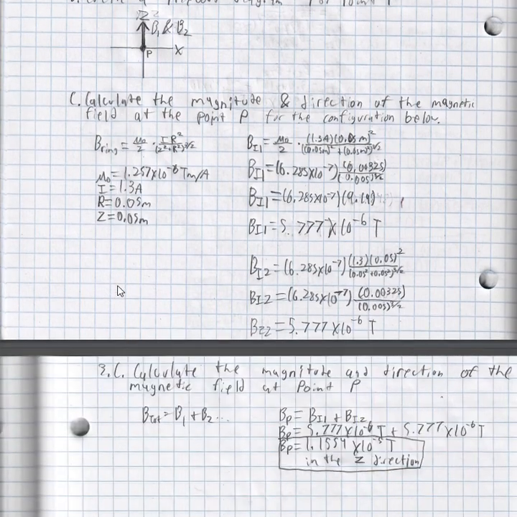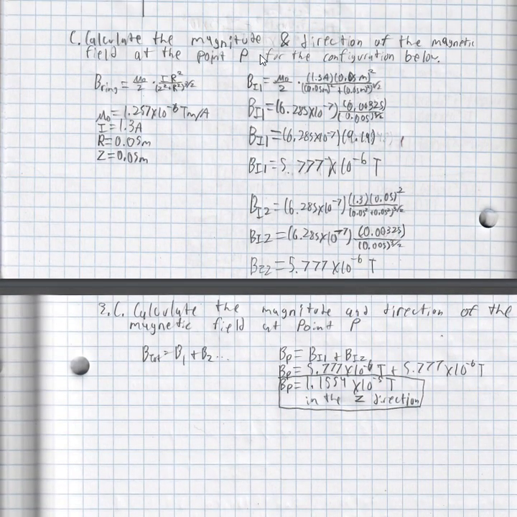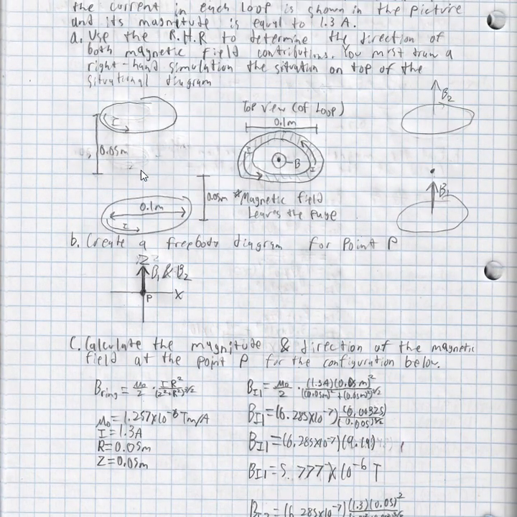Finally, part C. I had to split this amongst 2 pages, so bear with me. Calculate the magnitude and direction of the magnetic field at point P for the configuration below, meaning the pictures as noted before.